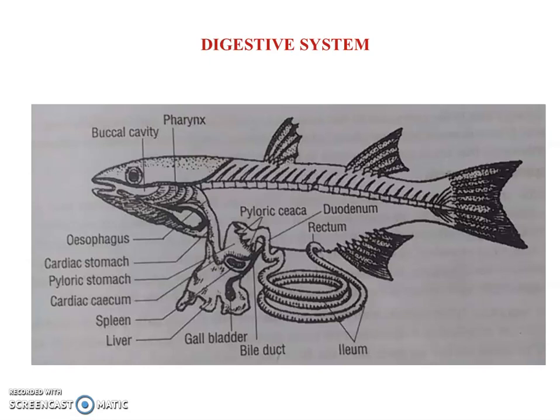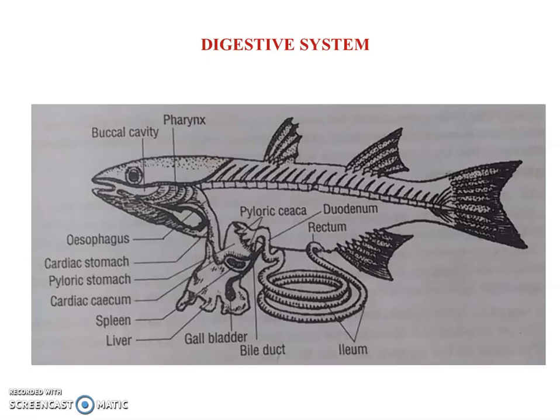Now the cardiac stomach is narrow, tubular, and relatively thin walled, while the pyloric stomach is sac-like, globular, and thick walled. When you dissect out the specimen during the practical hours, you can see it is very thick walled, a massive structure.